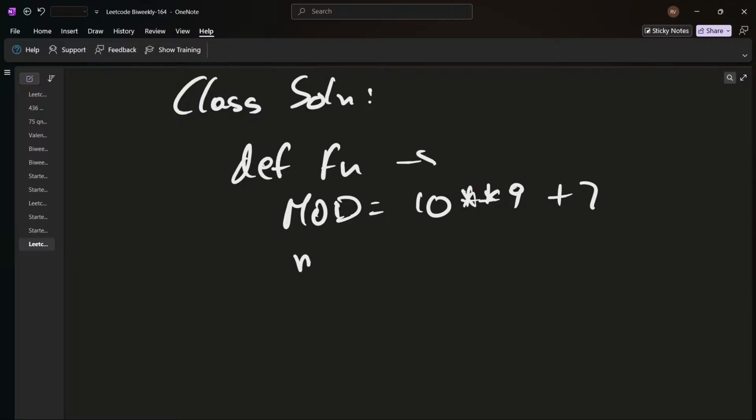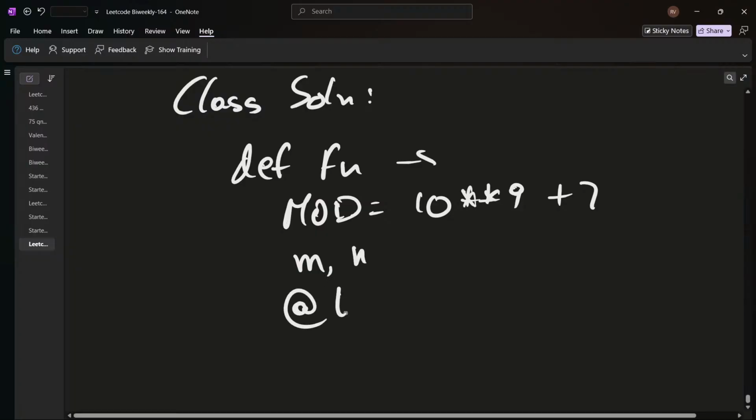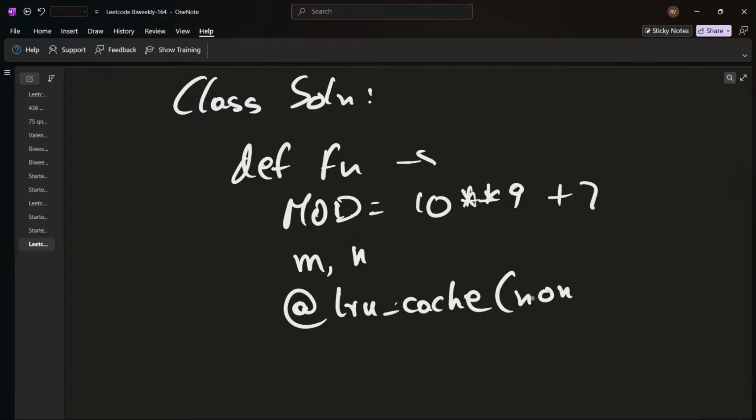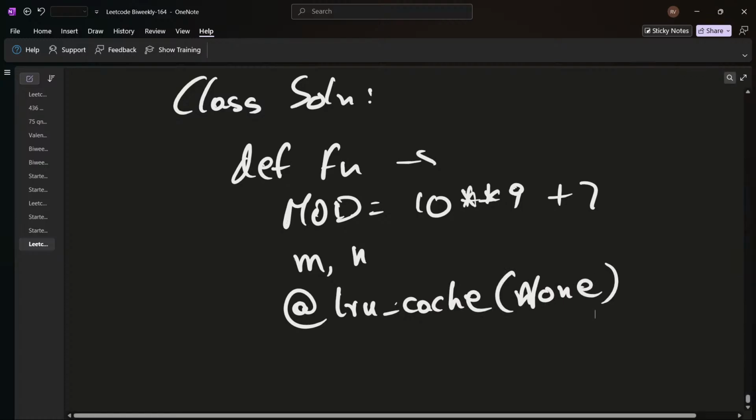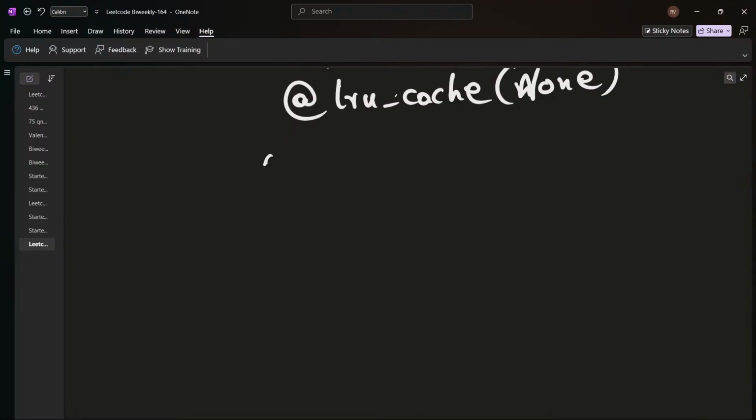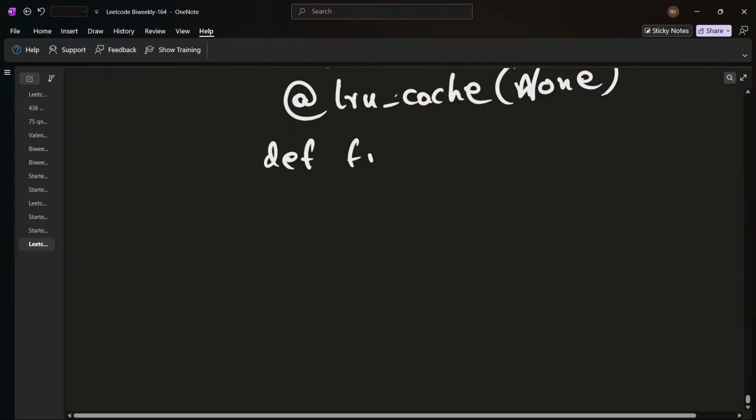Then take m, n, then lru cache. Now I'll take one more function within this. I'll define one more function.